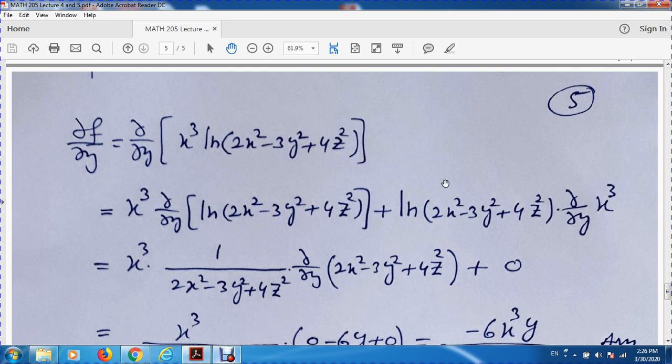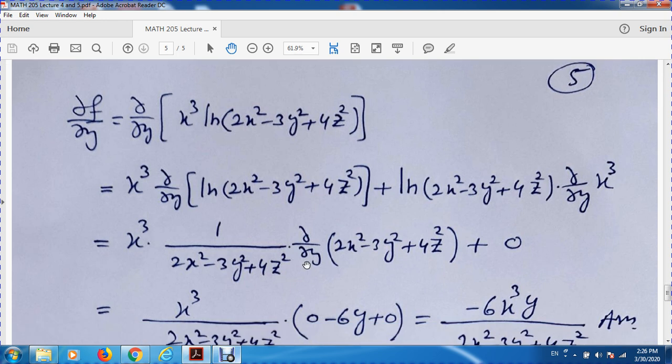So 0 multiplied by this, all will become 0. That is why I said in the beginning, even if you directly write x^3 and then the derivative of ln, that is fine, no need to use the product rule here. But even if you use the product rule, you will get this answer.